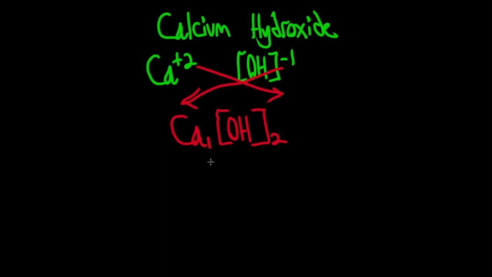So I can rewrite this. This is the more likely way you're going to see this written, Ca, parentheses OH close parentheses 2, like that, okay? That's the way that you are most likely to see it, where that 2 applies to that entire OH complex whenever I bring it down.